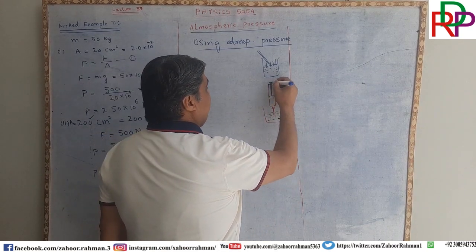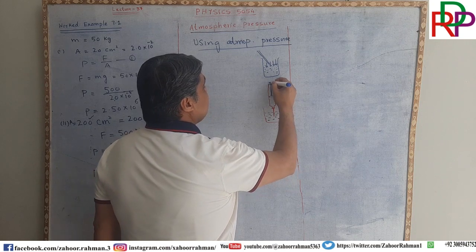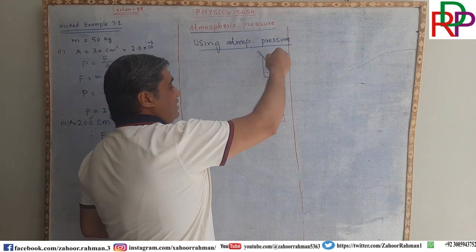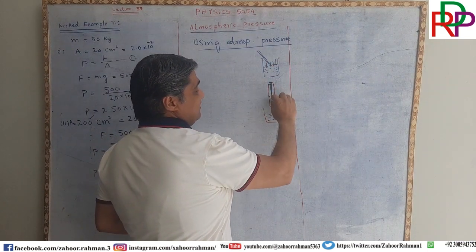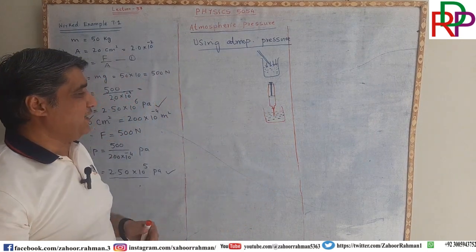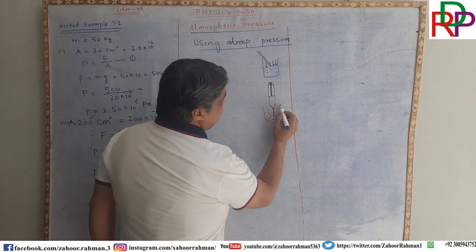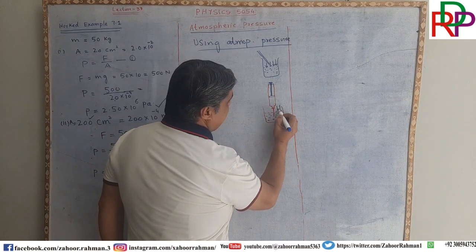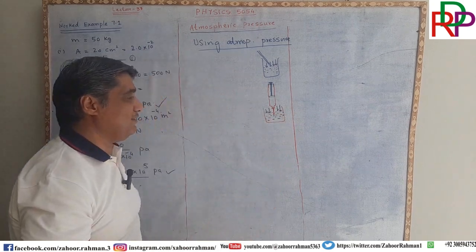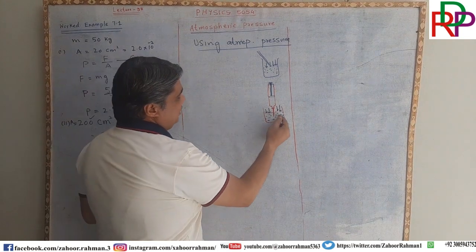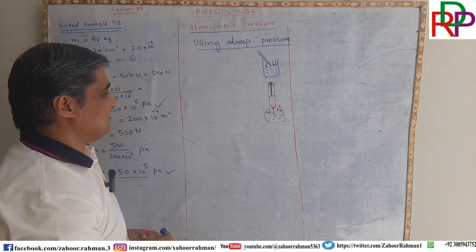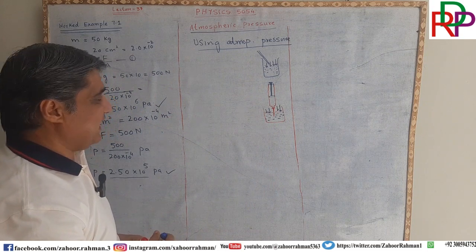When we are dragging this spindle upward, the area will be increased, which will reduce the pressure inside, but there will be a greater pressure on the surface of this liquid. So this liquid will automatically be pushed upward into the cylinder of the syringe.